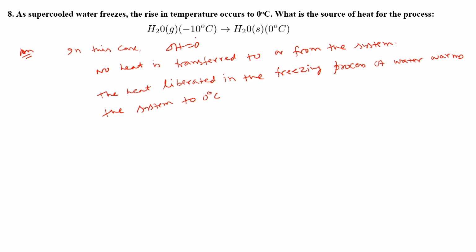So, supercooled water at minus 10 degree Celsius, when it freezes, releases some amount of heat. Okay. So, that is why the heat liberated in the freezing process of water, when it freezes, warms the system. So, that is why the temperature increases to 0 degree Celsius.